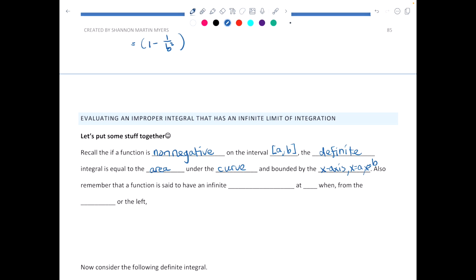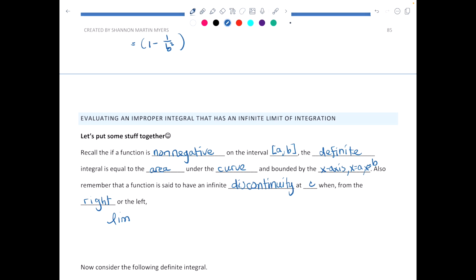Also remember that a function is said to have an infinite discontinuity at c when from the right or the left the limit doesn't exist.